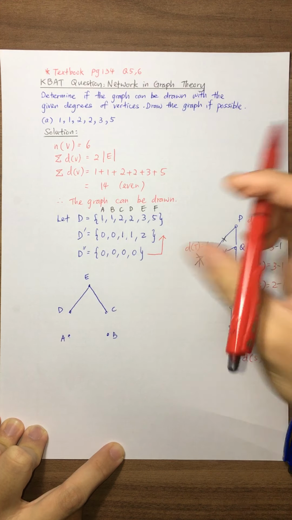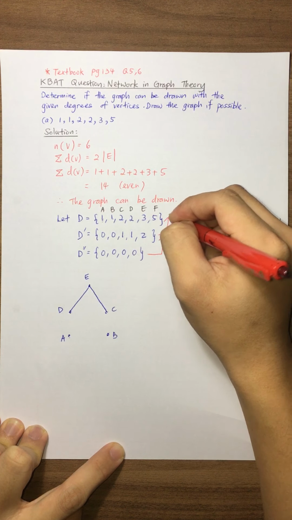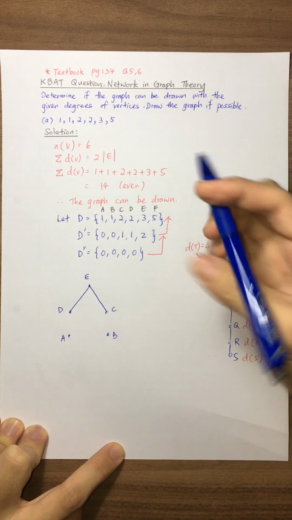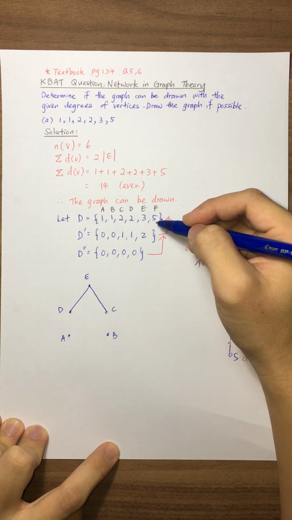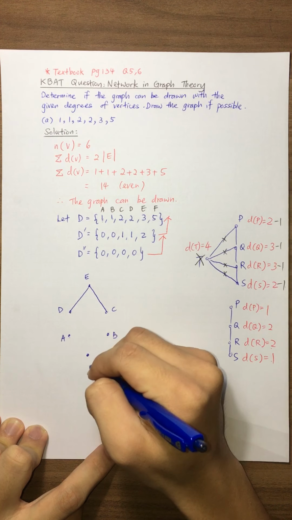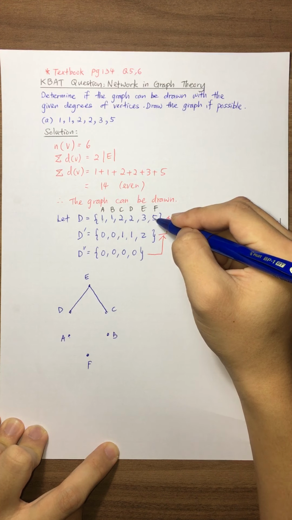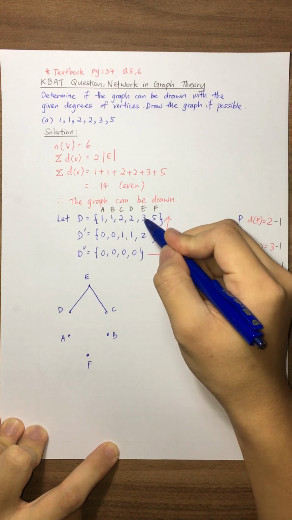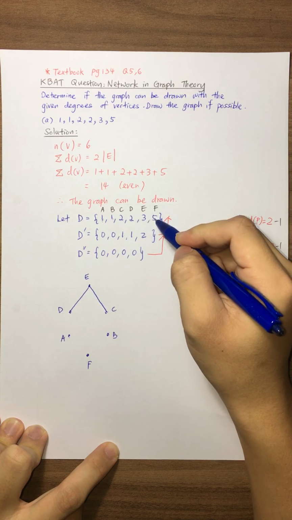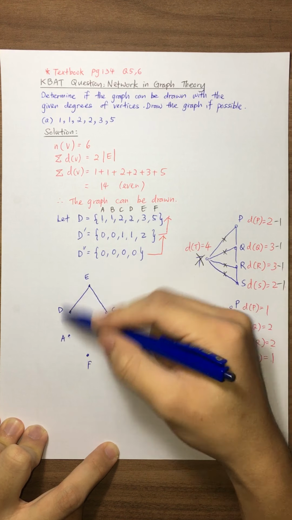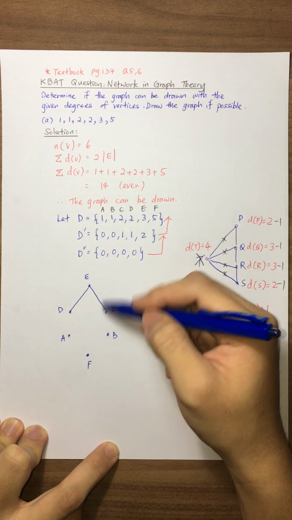And then again, we have to repeat the process by adding back the vertex F. Okay, so let's say I add a vertex F here, and the vertex F is connecting to each of the other vertices because this is 5. So we have 6 vertices, right?